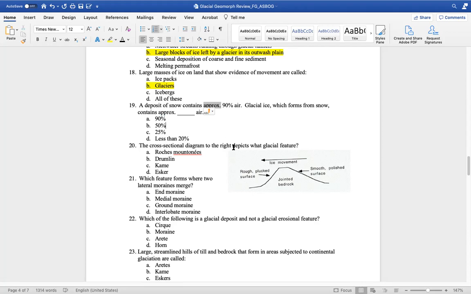You are becoming more and more dense, leaving less and less room for air. Essentially, once you have glacial ice, you're going to have minuscule air bubbles remaining, not a significant fraction of the whole. So I think it's pretty safe to say that it's going to be less than 20%.